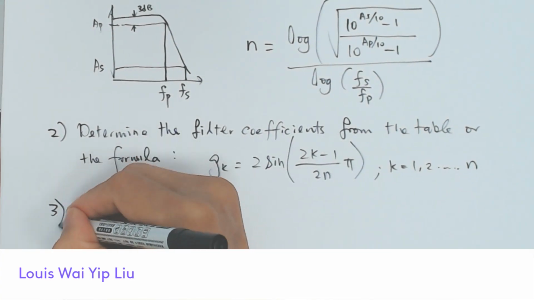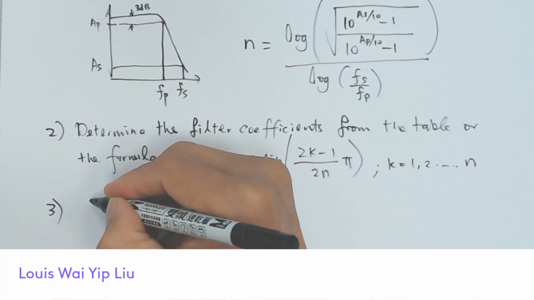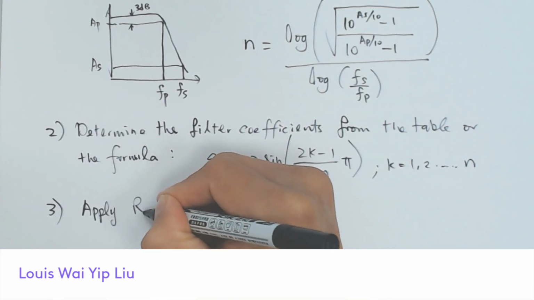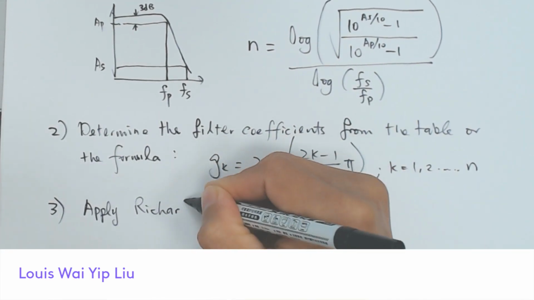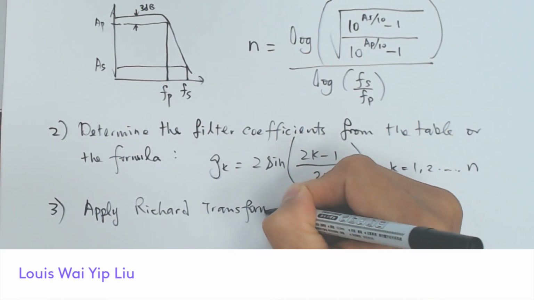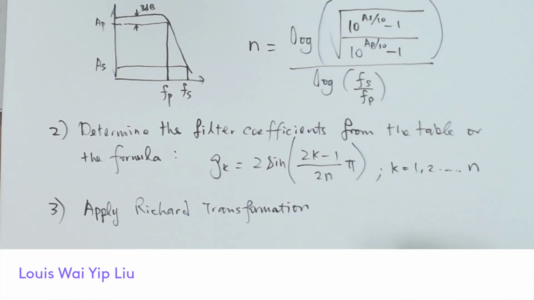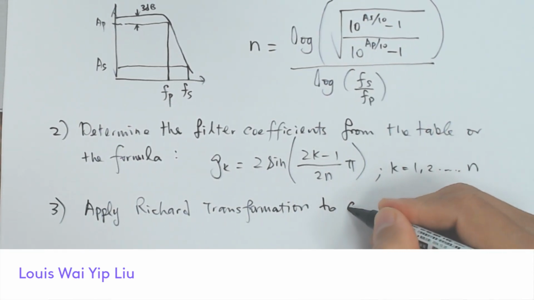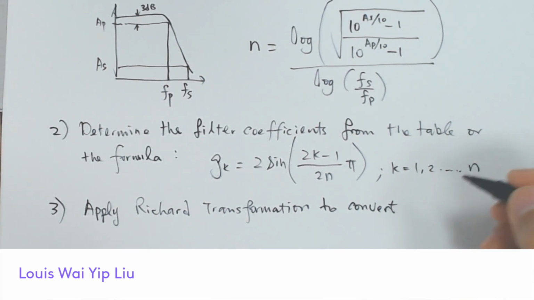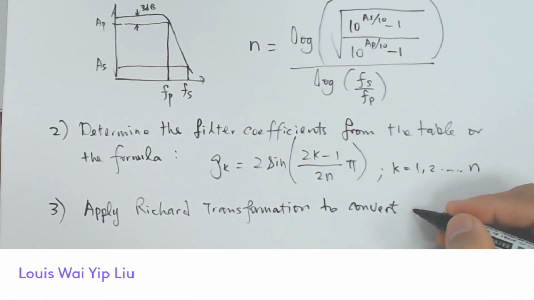And the first step is to apply Richards transformation. And this step is pretty straightforward. The purpose of this step is to convert all the discrete or lumped elements into open and short circuit stubs.